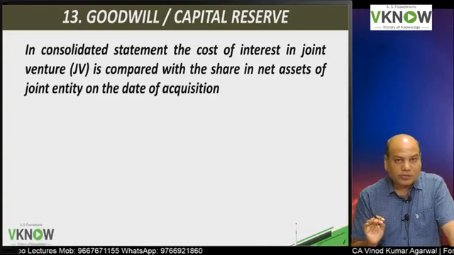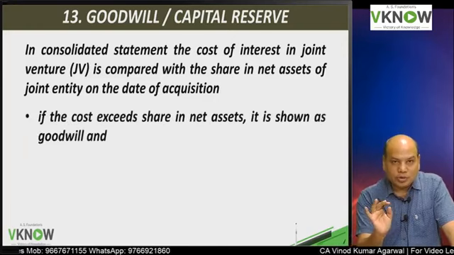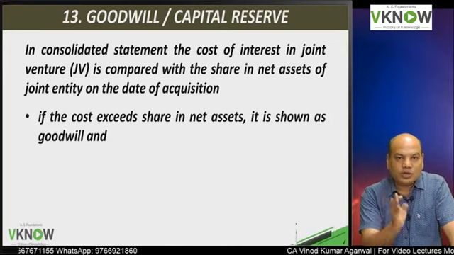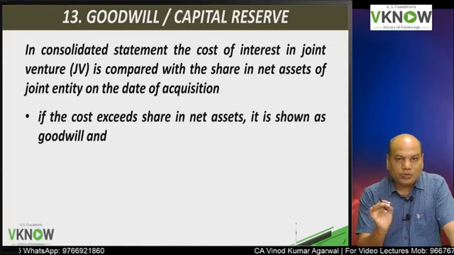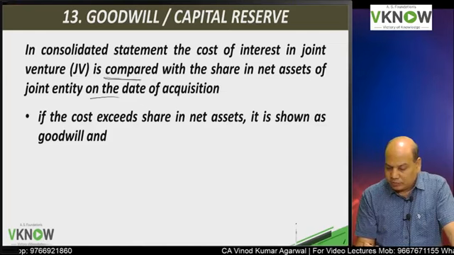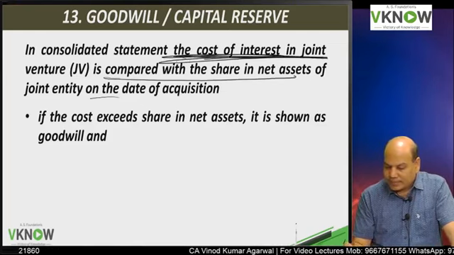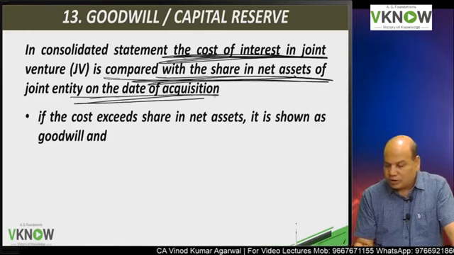Next question is how to compute goodwill or capital reserve. Good news, we will follow the same formula which we have followed in AS 21 and AS 23. So the formula for computing goodwill or capital reserve is you are going to compare the cost of acquisition with the share in the net asset on the date of acquisition.